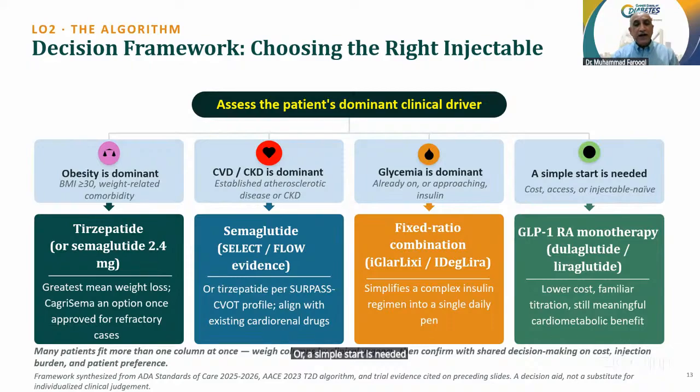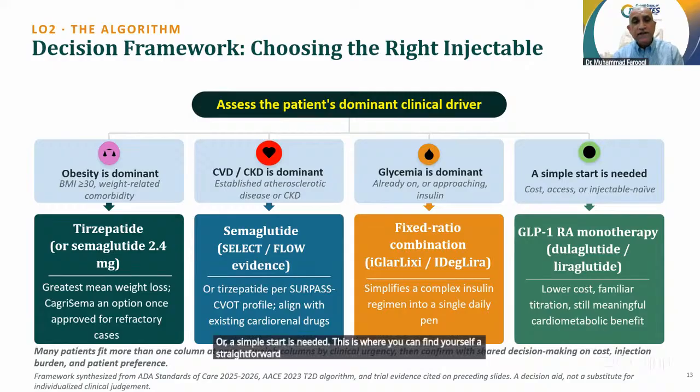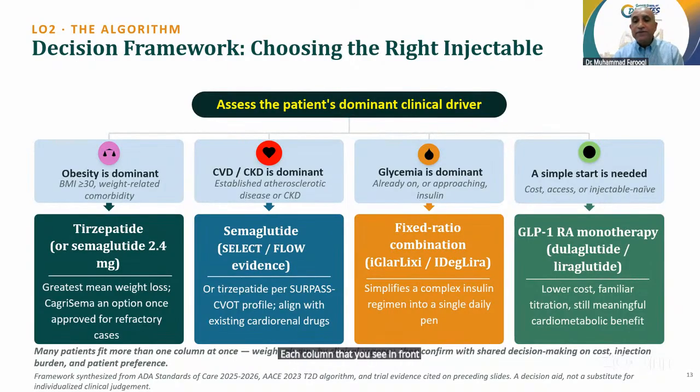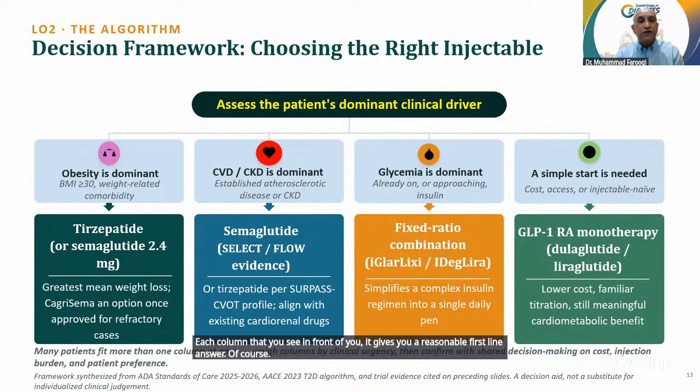This is where you can find a straightforward answer for these particular clinical scenarios. Each column that you see in front of you gives you a reasonable first line answer. Of course, real patients often fit in more than one column, and that's where your clinical judgment and a conversation with the patient about their own priorities comes in.